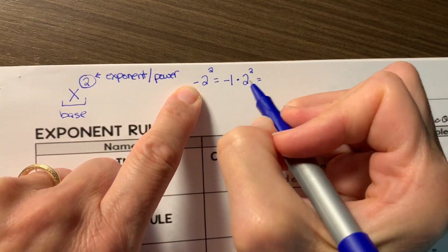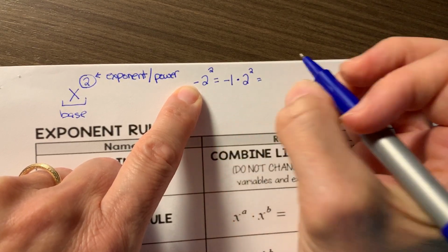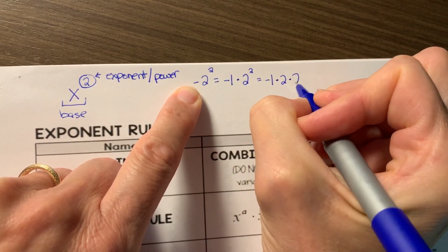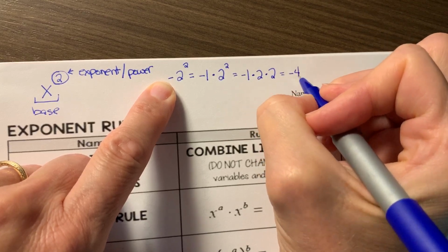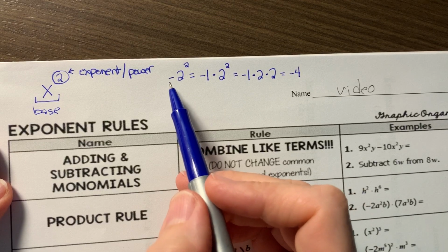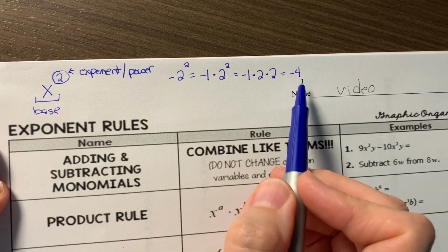An exponent means take the base and multiply it by itself, in this case 2 times. So what I have is -1 times 2 times 2. So I get -4. Quick and easy thing for you to remember: if you have a negative out in front here and no parentheses, your answer should have a negative out in front.